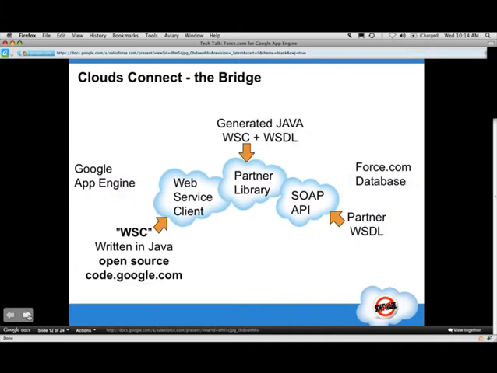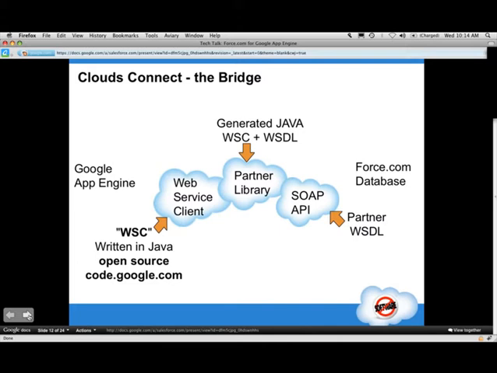So to outline this, let's break it down a little bit further and look at the aspects of each of these. First, the WSC. The web service client is written in Java, and Salesforce.com has open sourced this. It can be found on code.google.com as well as Force.com's developer or code share program.